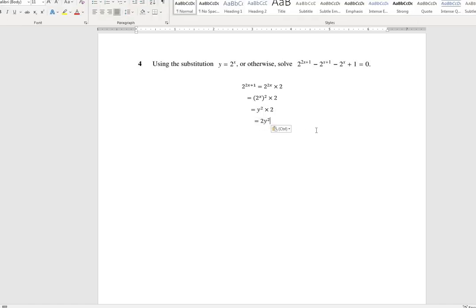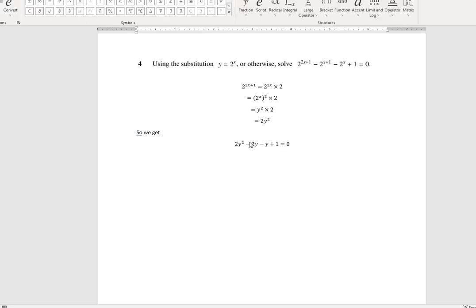I hope you understand, right? So we're going to do something similar to the rest of the expression on the left. Then we get something like this. Good, I have rewritten this in terms of y.